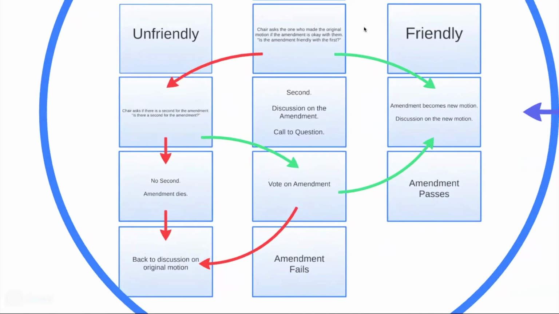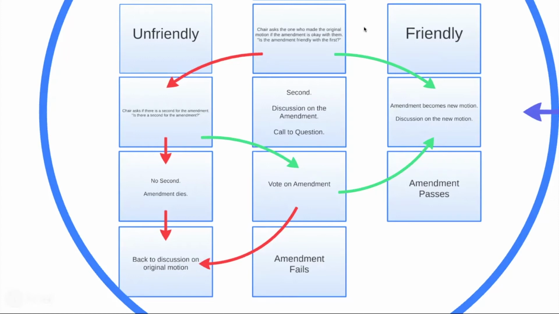If it's unfriendly, your chair is going to ask for additional consensus, additional committee support, by asking, is there a second for the amendment? This allows your chair to determine whether there is other committee support for this amendment or not. Everything is based around majority rule and reaching consensus together.